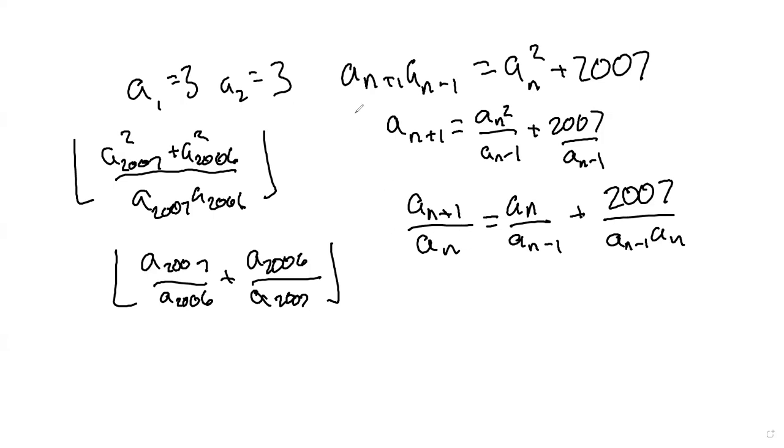So I got from here to here by dividing by something. I divided overall by a sub n minus 1 times a sub n. And now what I'm trying to ask is, is there a different expression that I could divide by that maybe gets me something symmetric, but different?